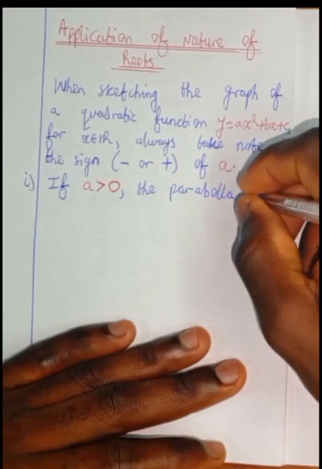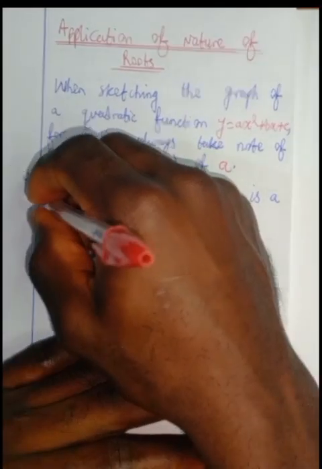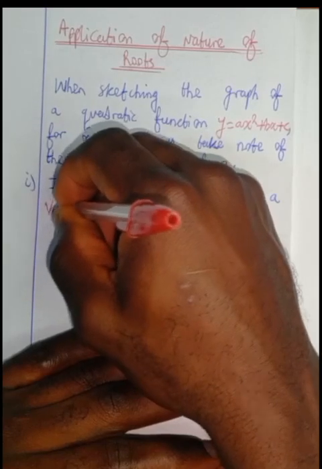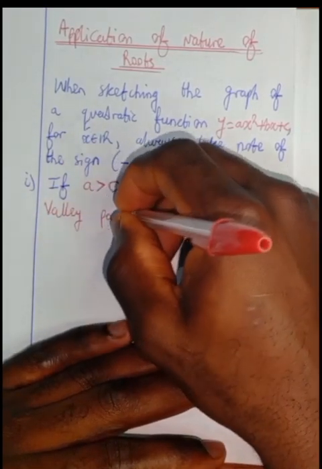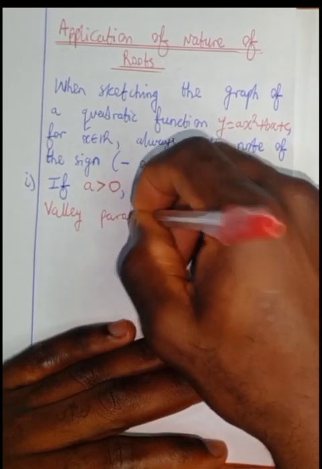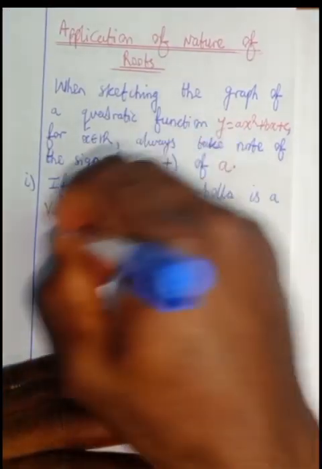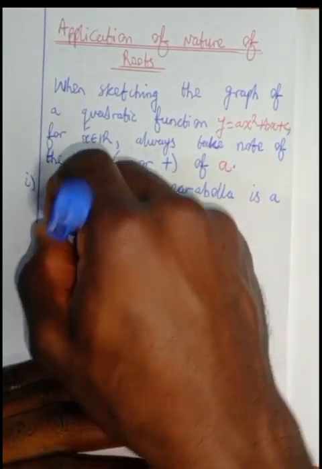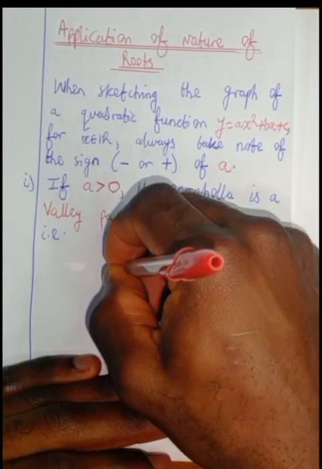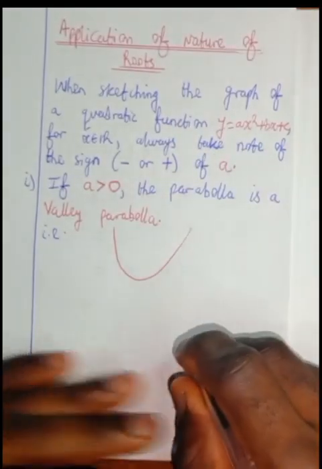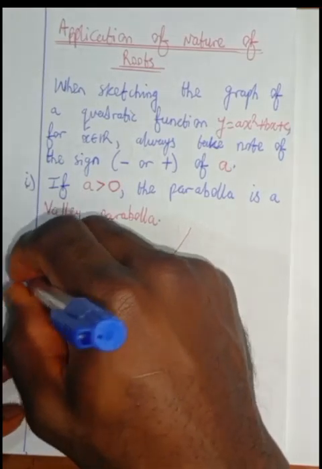The parabola is a valley parabola. You know how a valley looks like. It has the form of a bowl. It's a valley parabola. That is, you have something of this shape like this.